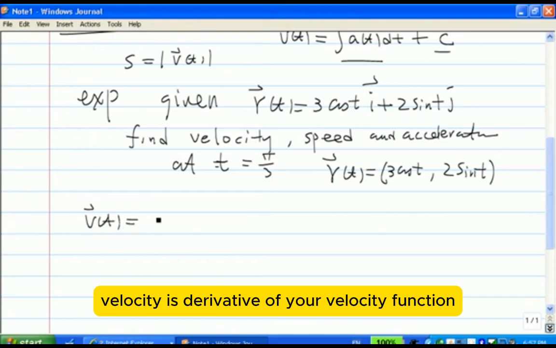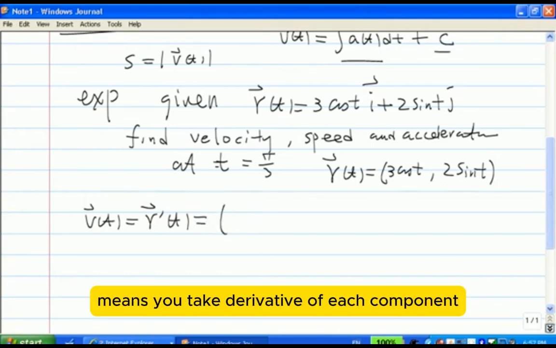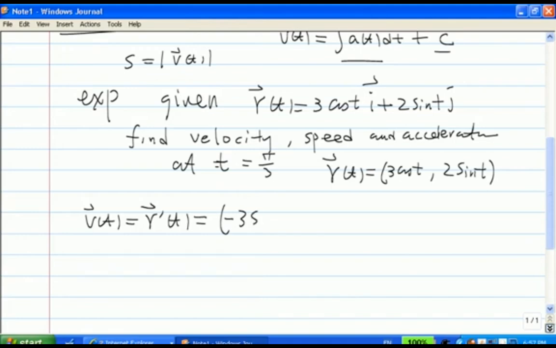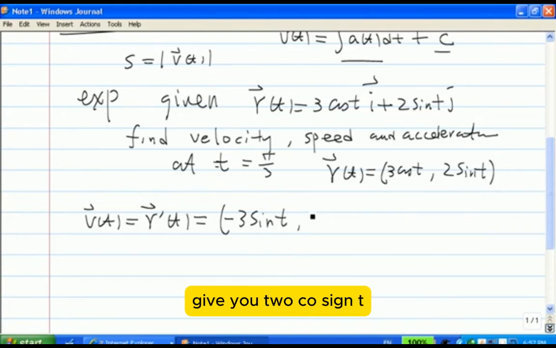Velocity is the derivative of your position function. The derivative of a vector function means you take the derivative of each component. The derivative of the first component gives you negative 3 sine t. Then the derivative of the second component gives you 2 cosine t.